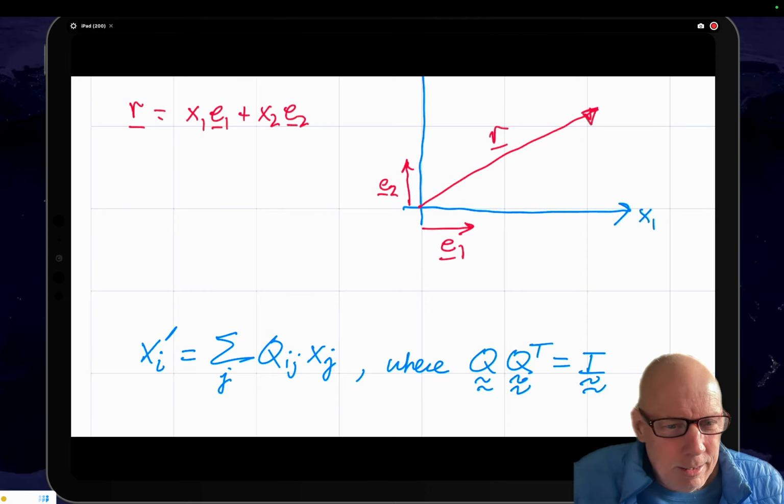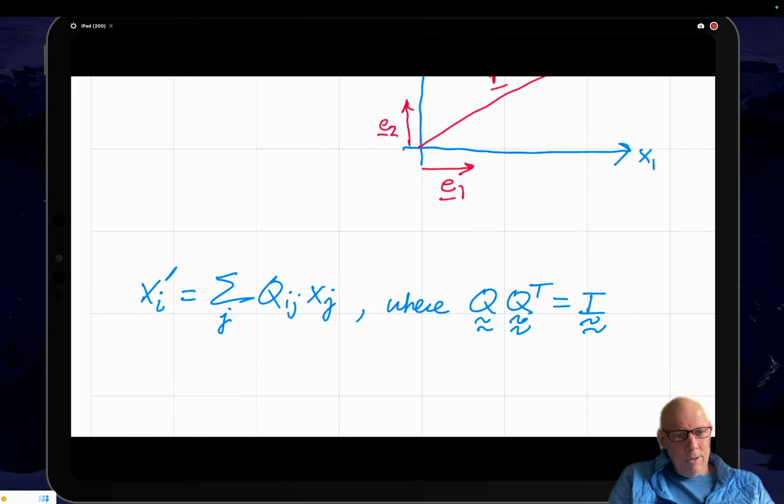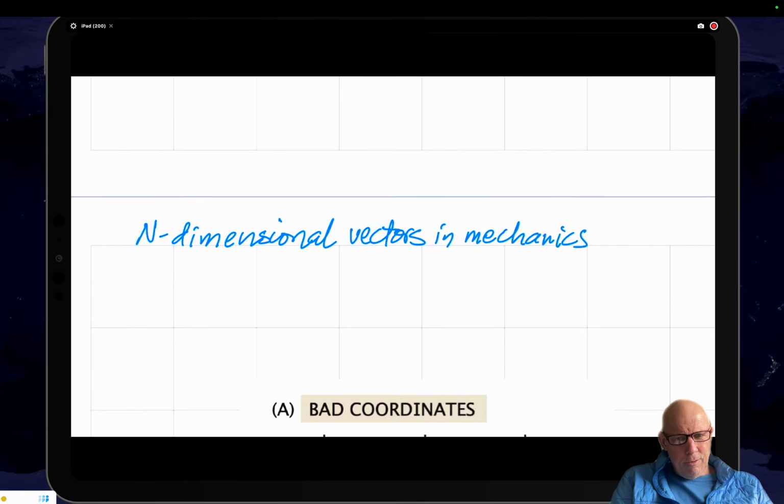Another way of saying that, just for our purposes, is that Q is a rotation matrix, and I leave it as an exercise for you to work it out here, but actually that was kind of hidden in the last vignette when we talked about the symmetries of the equilateral triangle. That was implicit.